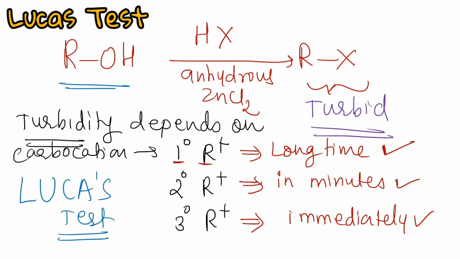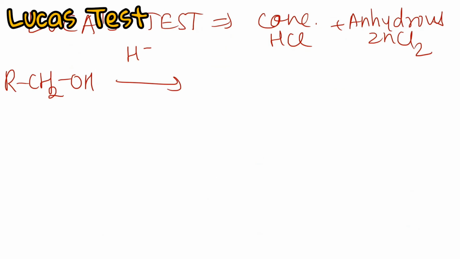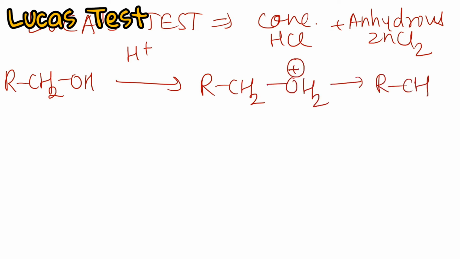That is the conversion of ROH, that is alcohol, to alkyl halide with the help of hydrogen halide. We get H plus from HCl, right? So this is RCH2OH2 plus, then RCH2 plus.